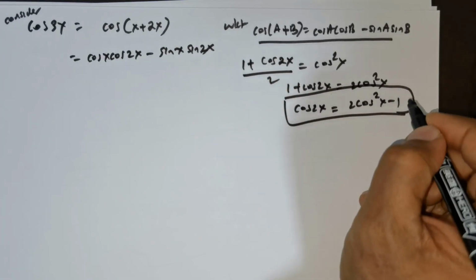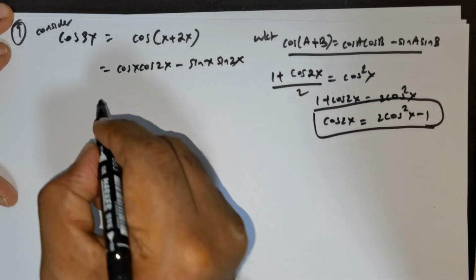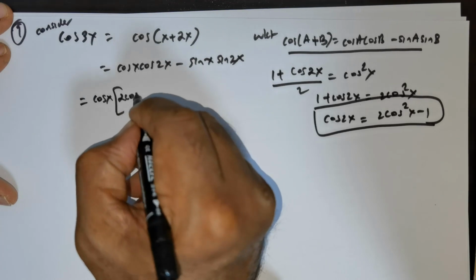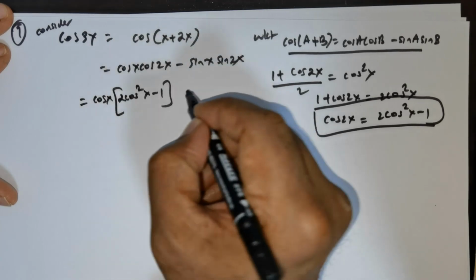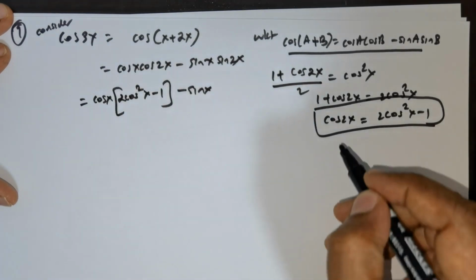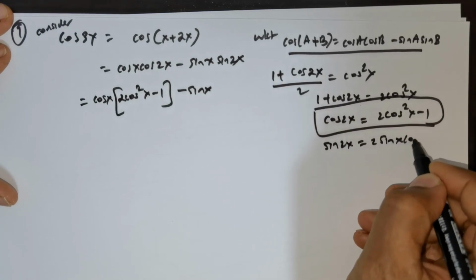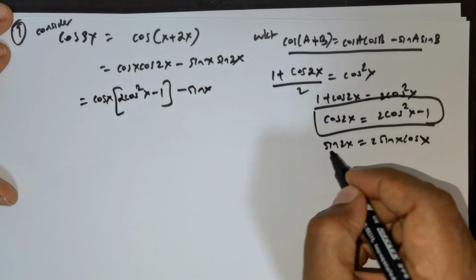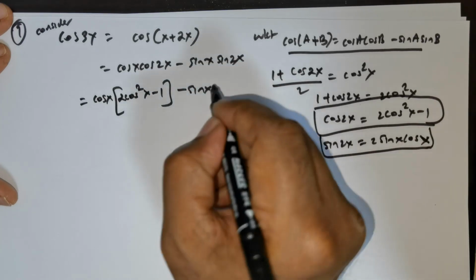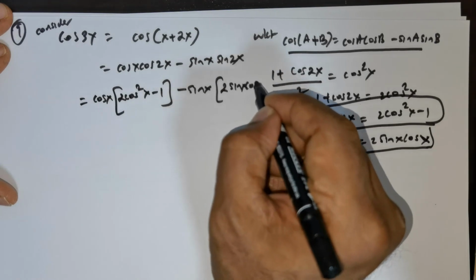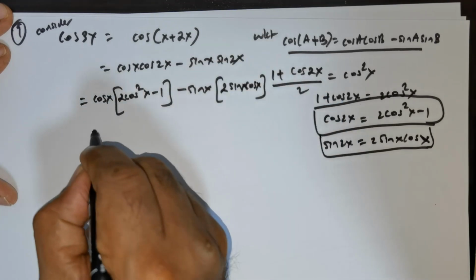So in place of this, substitute this. So this is equal to cos x times 2 times cos squared x minus 1, minus sine x. Now sine 2x is equal to 2 times sine x times cos x. This is also a very important formula. So this is going to be 2 times sine x times cos x.